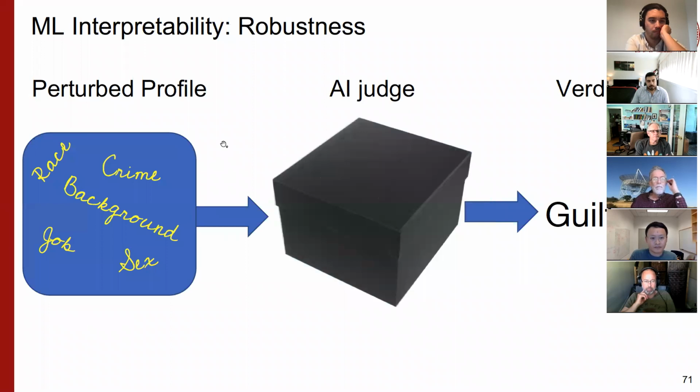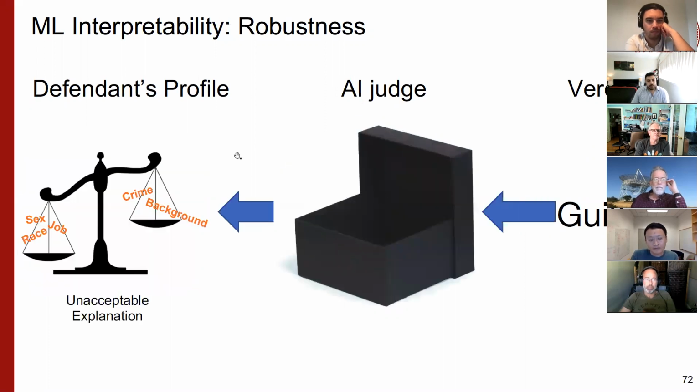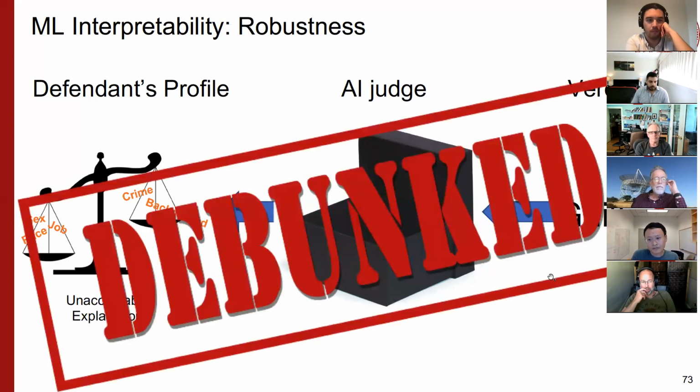But assume we have a smart defendant who perturbs his or her profile such that the profile is not that different, and even the AI judge makes the same decision. But then ask the why question, and the interpretation doesn't make any sense. The model says that because of their sex, race, or job, they're guilty, which is unacceptable. So the defendant managed to fool not the model's decision, but the model's interpretation. And this will debunk the whole model.